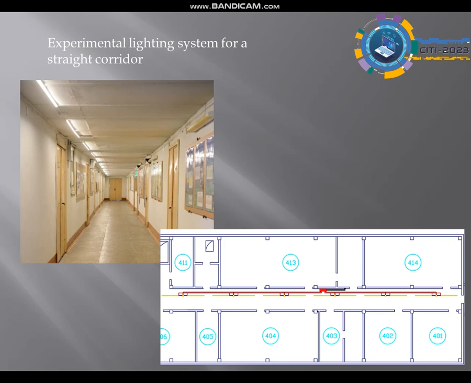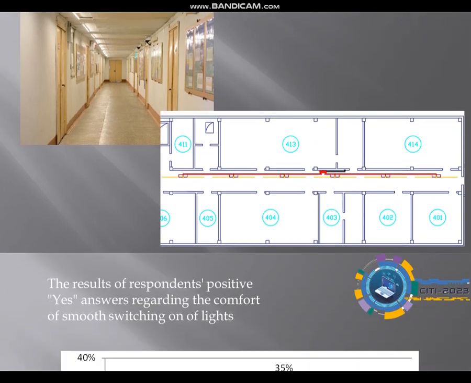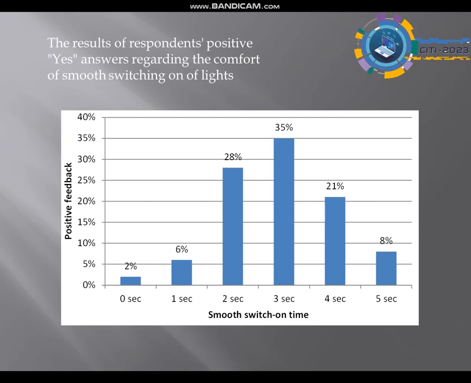The questionnaire contained only one question: is it comfortable to walk along the corridor with these lightings? The expected answer was yes or no. A total of 86 students and teachers took part in this survey. The results of the survey are shown in this slide.